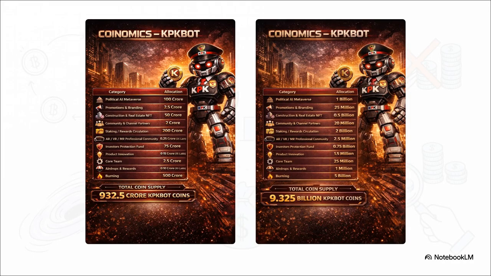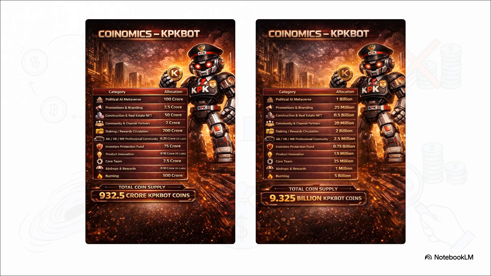Take a look at the numbers at the bottom of these two identical graphics for the KPK bot. On the left, if we use the Indian numbering system, the supply is listed as 932.5 crore. But over on the right, the international figure says 9.325 billion. Now, what we're looking at here is just a really brilliant example of how Web3 projects handle their global versus local marketing.